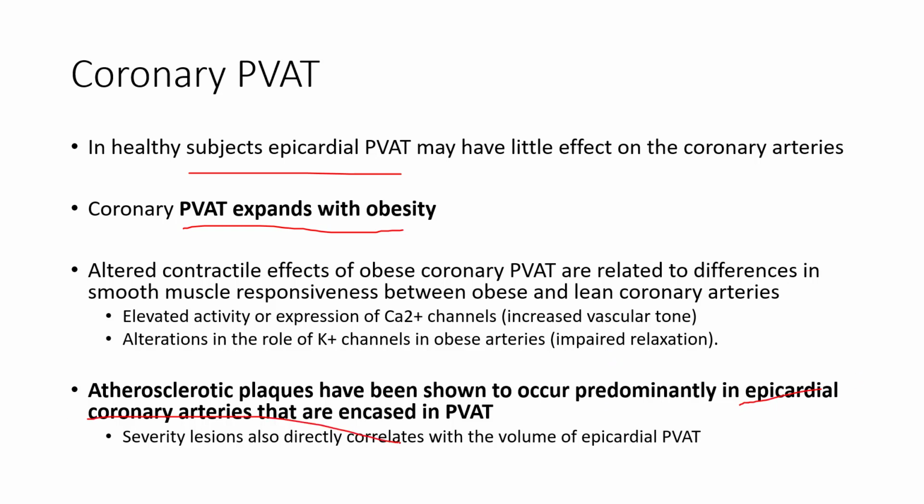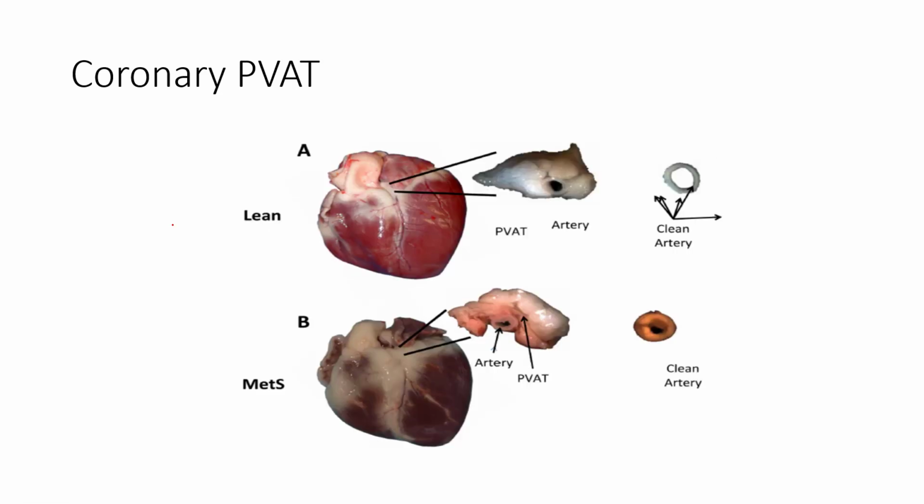In fact, I remember during residency, we had to watch a bypass surgery on an obese patient. I'll show you what it looks like in a second. Their heart was encased with this perivascular adipose tissue, and it made the surgery very difficult. And that's what we're showing here: these changes in the cells and the vessel structure, showing what we see in a lean heart.